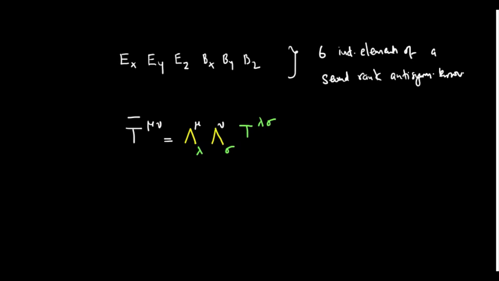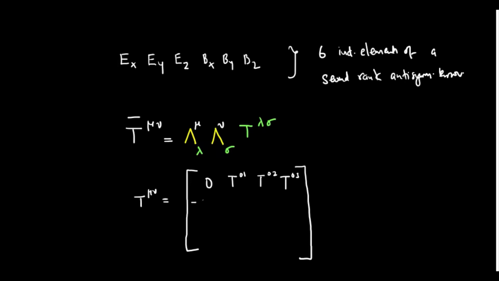Okay, so how many elements do we need for this T mu nu? If this is an antisymmetric one, we are constructing one T mu nu. Okay, let us see. Of course the diagonal element is 0. So here you have a T 0 1, then T 0 2 and T 0 3. Here you have a T 1 0, but T 1 0 is nothing but minus T 0 1, right?